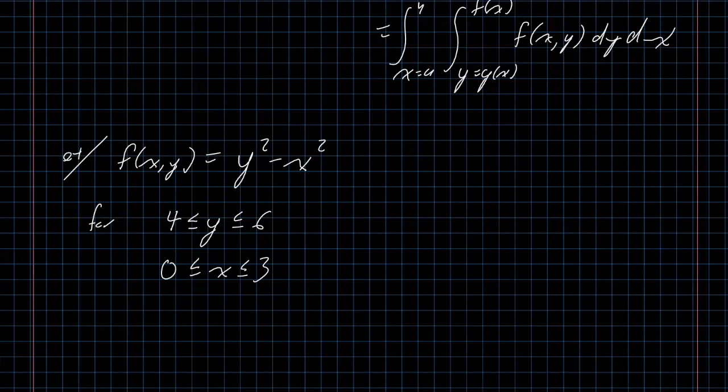Consider the function f of x and y equals y squared minus x squared. This is a hyperbolic paraboloid. And let's consider the region of integration. Y is between 4 and 6, x is between 0 and 3. Speaking generally, it is helpful to start off trying to graph the function in 3 dimensions is usually not useful, but graphing the region of integration will be useful.